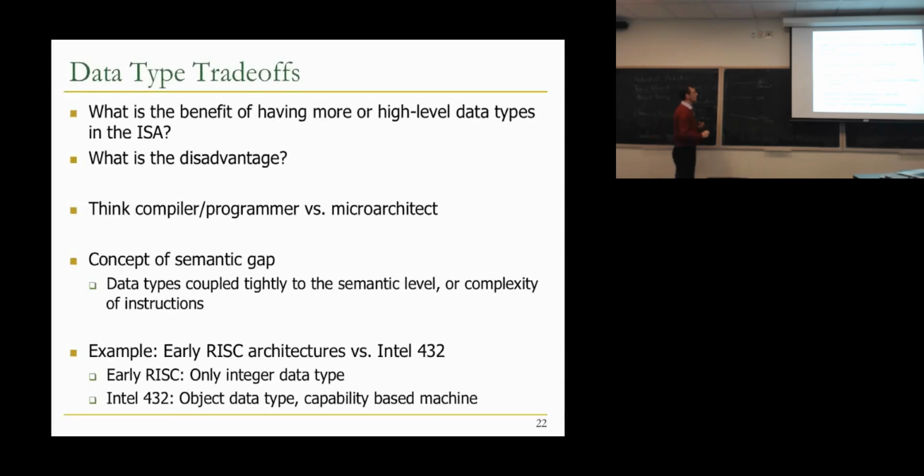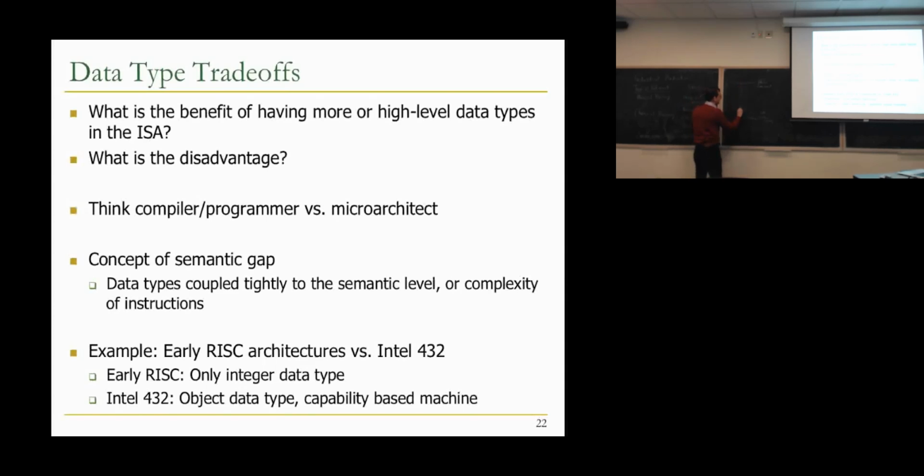You can make the choice that your ISA is at the level of the high-level language, right? You can execute only that language. Now your data types are exactly matching what the high-level language specifies. Or you could make the choice that your ISA is much lower over here, which means that your data types are very, very primitive.